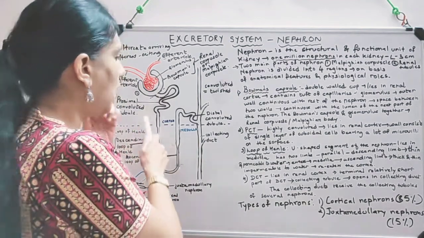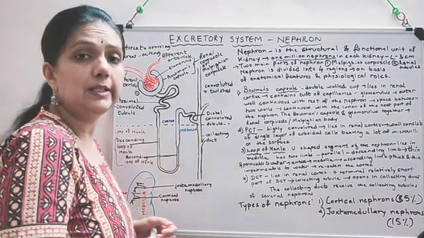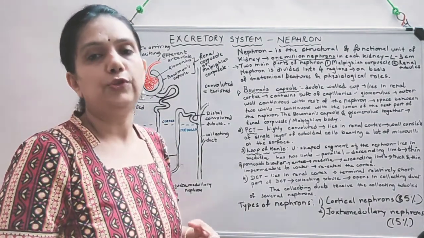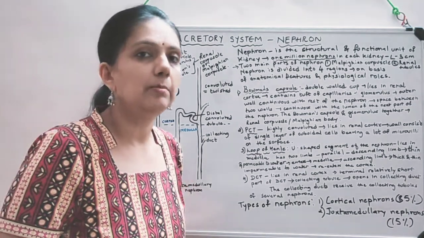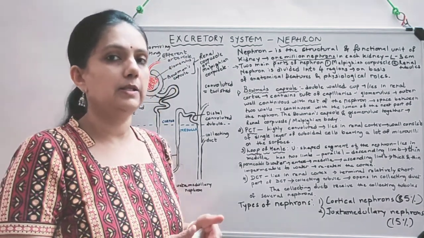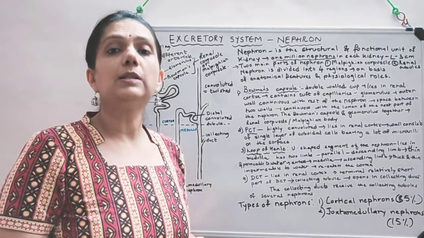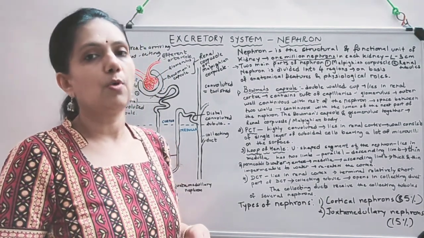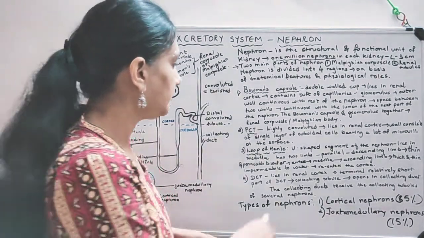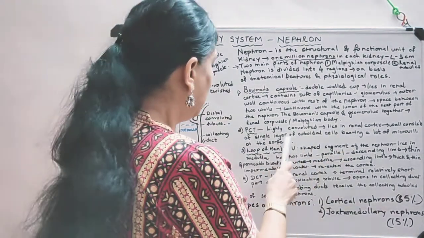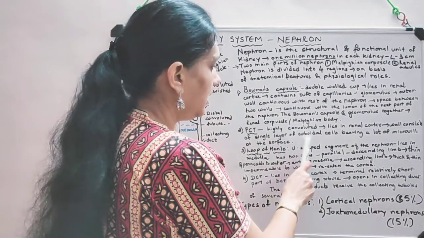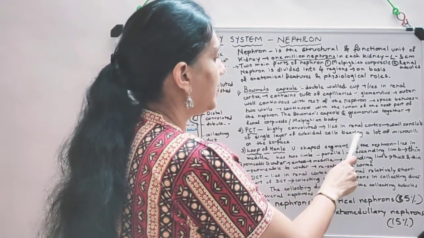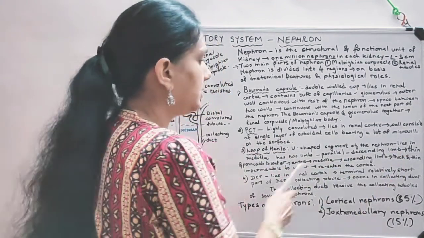And the wall of PCT is made up of cuboidal epithelium, and this epithelium bears numerous microvilli. So you can say it is cuboidal brush bordered epithelium. So I have written over here, wall is made up of single layer of cuboidal cells bearing lot of microvilli on the surface.